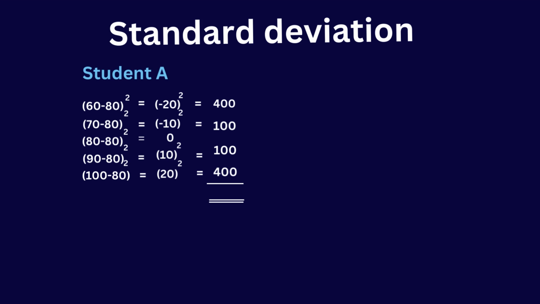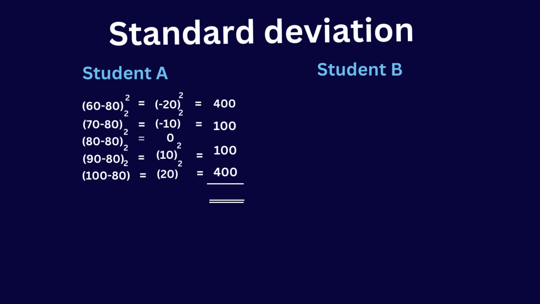Then 80 minus 80 is 0, so the square is also 0. The fourth value is 90. 90 minus 80 is 10, and the square of 10 is 100. The final value is 100. 100 minus 80 is 20, and the square of 20 is 400.